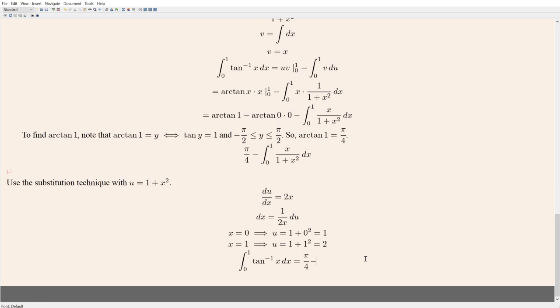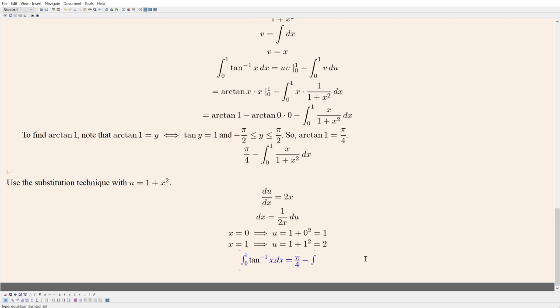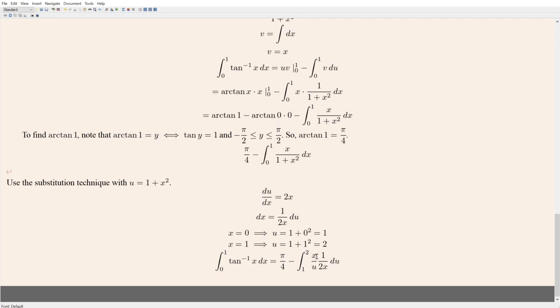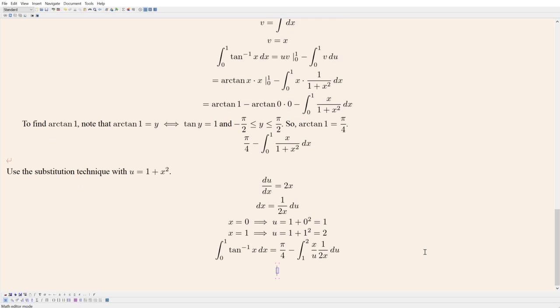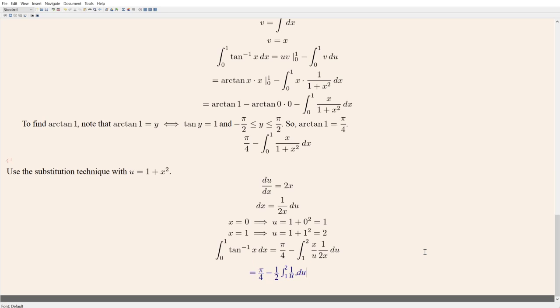Okay, so our new integral goes from 1 to 2. x over 1 plus x squared, that is now turned into u, and then instead of dx, we have 1 over 2x du. So this x and this x cancel. We can bring the 1/2 out front, like so.